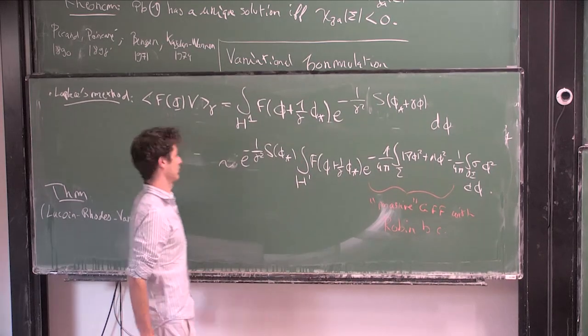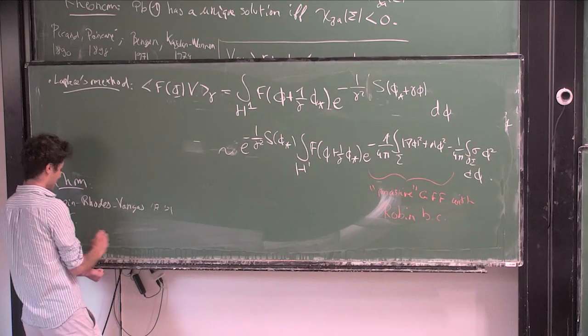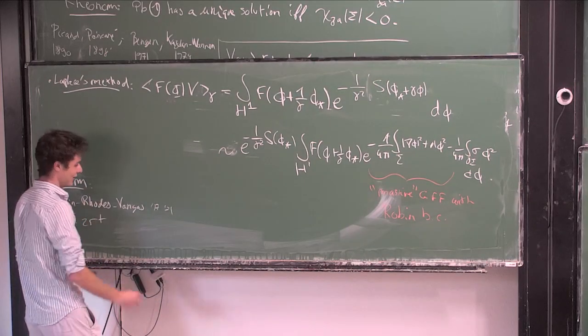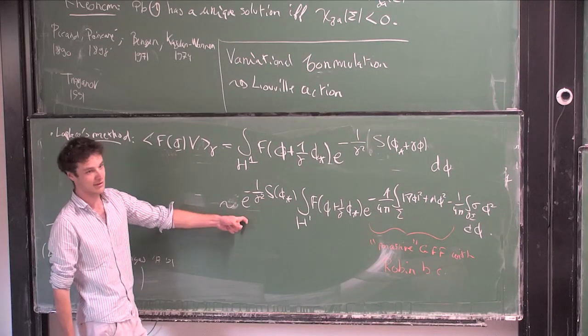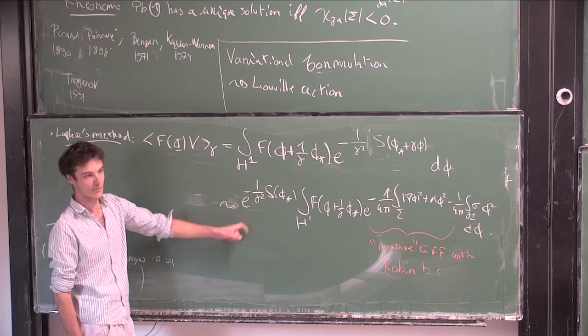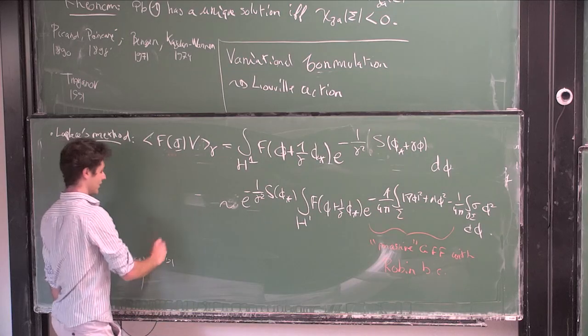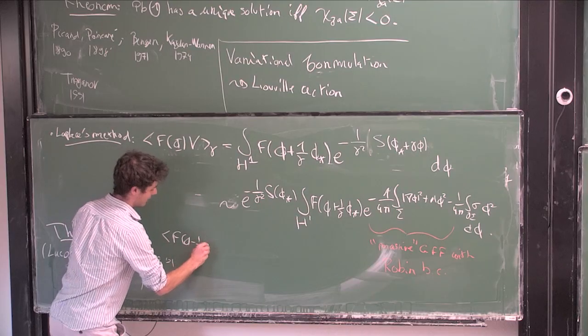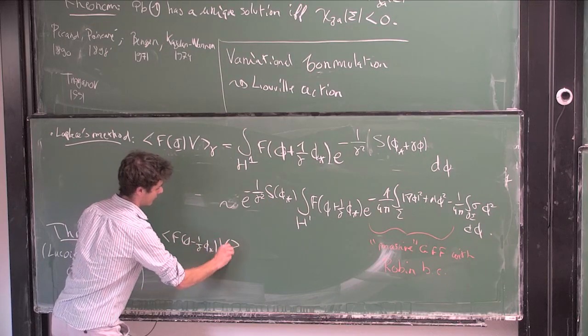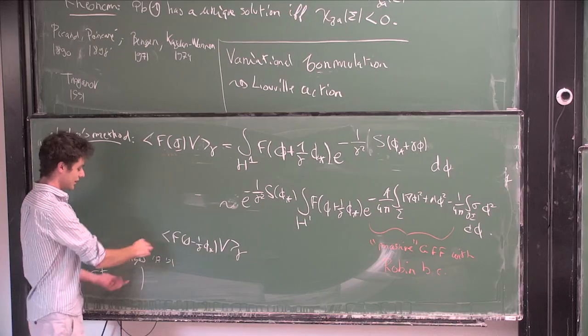The theorem is something that I will put on the arXiv as soon as I'm motivated to do it, in that this asymptotic is valid. So you can prove that if you define this probabilistically, minus 1 over gamma phi star. So this is defined using probability.